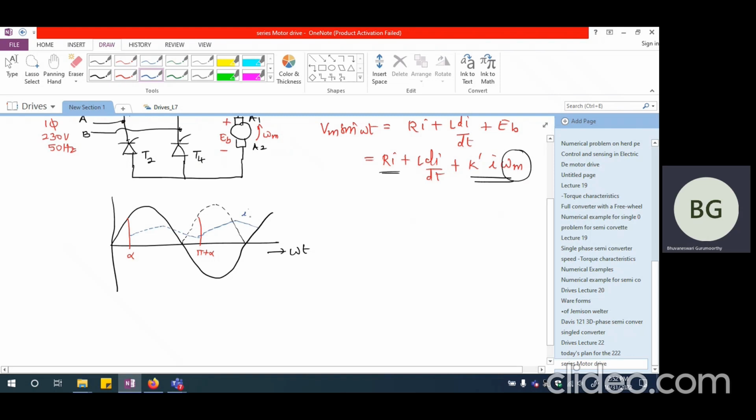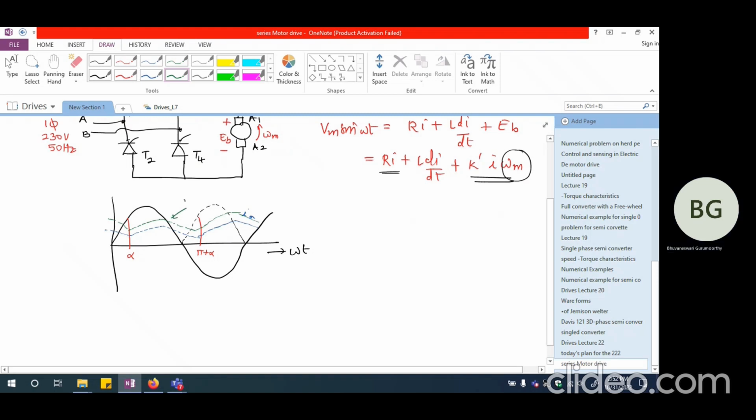Maybe this is IA. So wherever we have IA like this, I should just draw the back EMF as a scalar multiplication of this kind of I. So maybe this is the kind of back EMF I'm going to have. I'm drawing the back EMF somewhat like this.